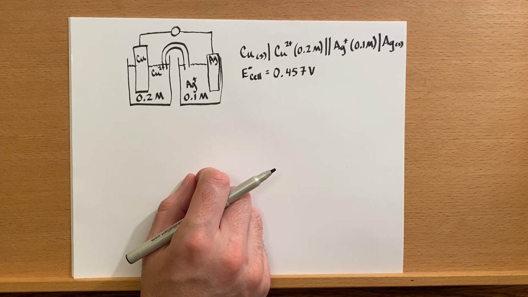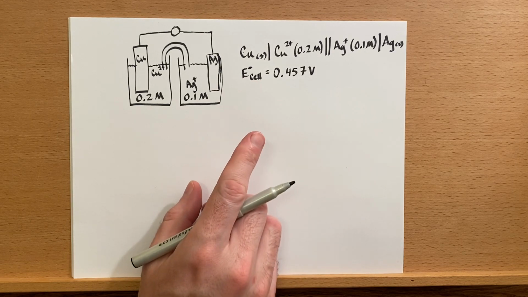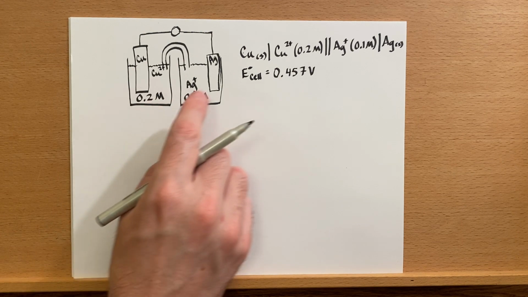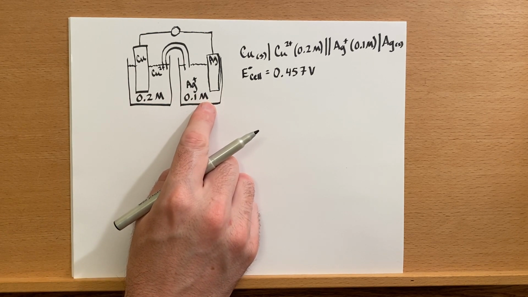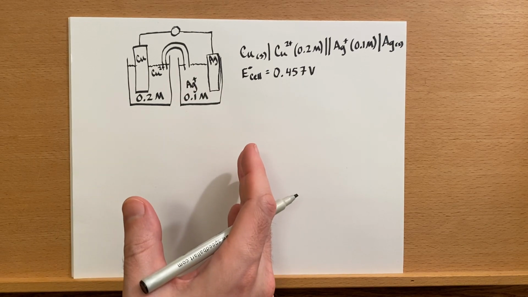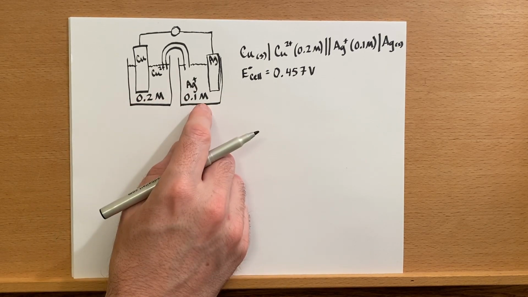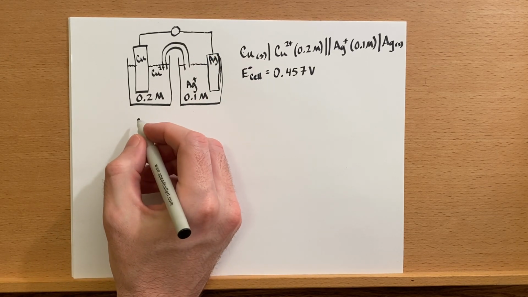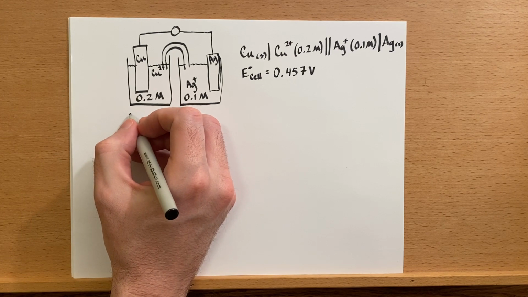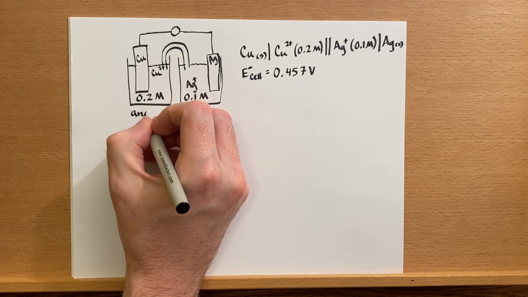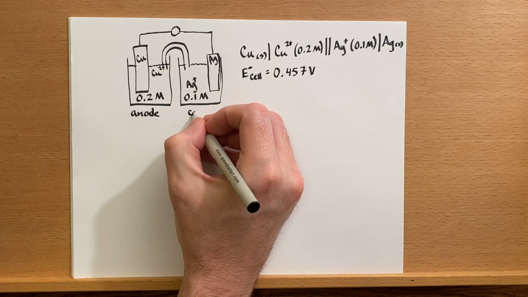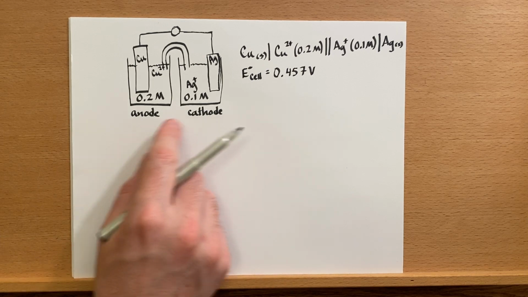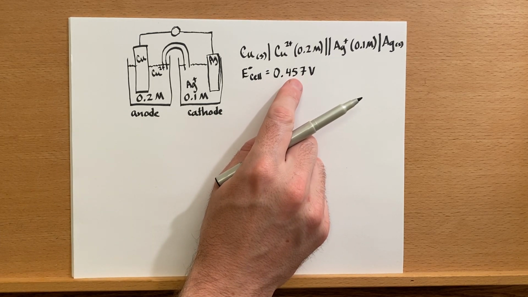Now, if we want to solve for this cell, we'll simply calculate what the potential is for this cell, what the potential is for this cell, and then we'll use our cathode minus anode to determine the potential for the entire reaction. So again, this is our anode, this is our cathode, and we can tell that that's the correct order because, again, this is a positive electrical potential.